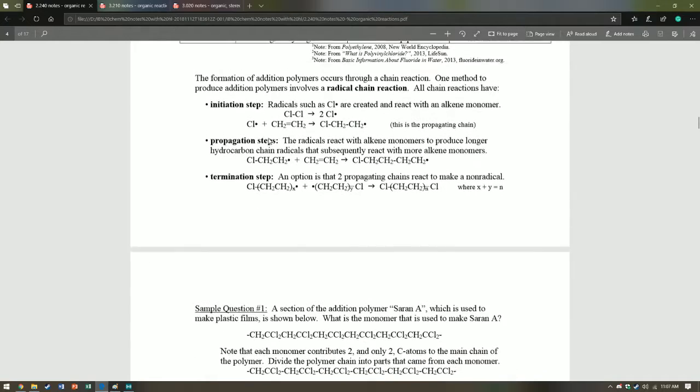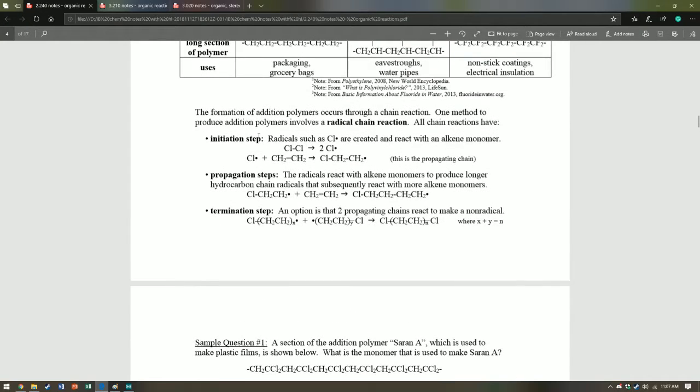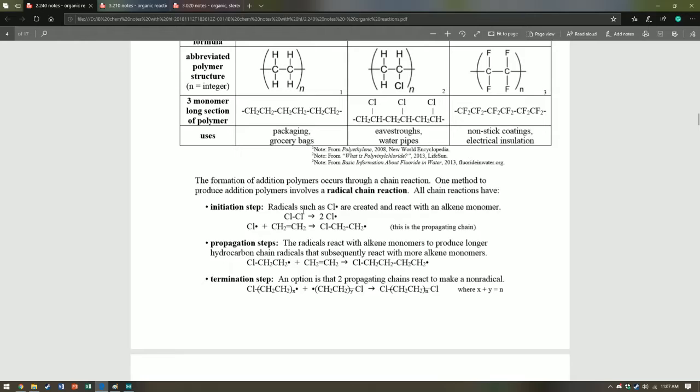One method to form a polymer is what we call a radical chain reaction. The idea is that we have three steps: the initiation step, the propagation step, and the termination step. The initiation step is creating radicals. In a lab, you would typically take a halogen, in this case chlorine, and put it under UV light.